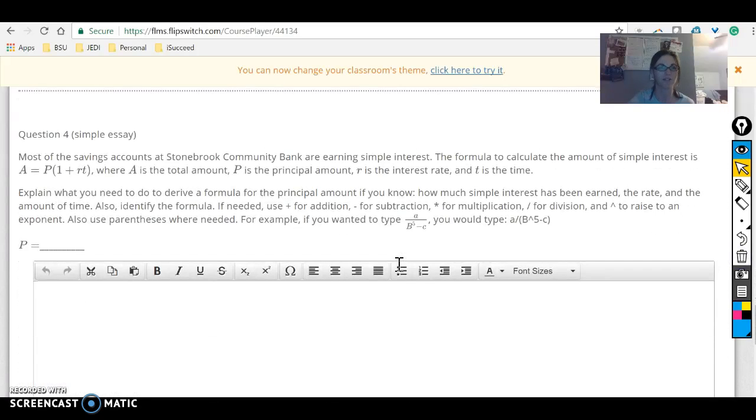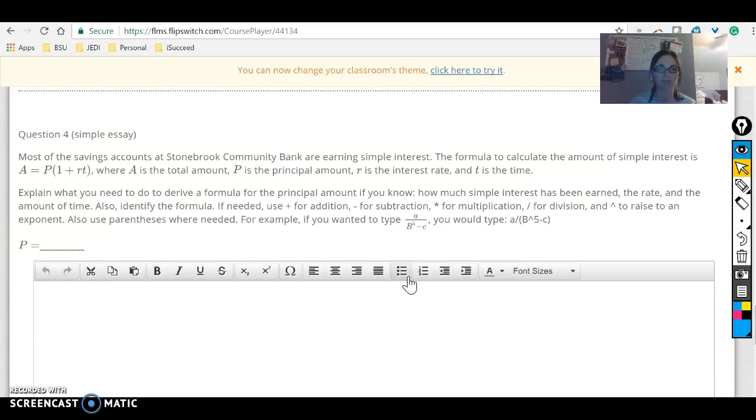Okay, question 4. Most of the savings accounts at Stonebrook Community Bank are earning simple interest. The formula to calculate the amount of simple interest is A equals principal times 1 plus rate times time. So A is the total amount, P is principal, R is the interest rate, and T is time.